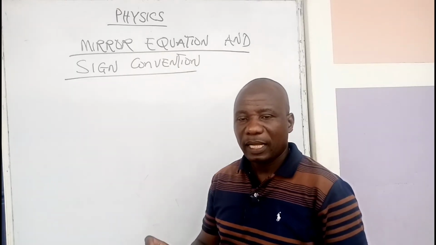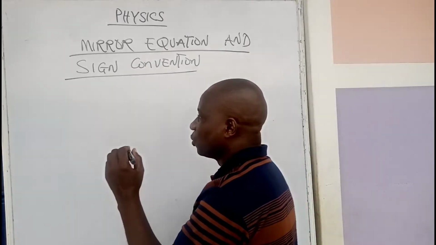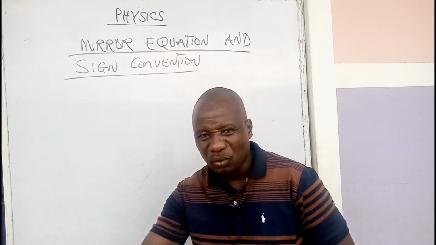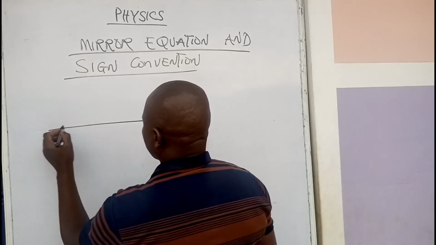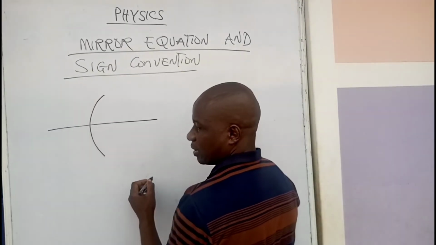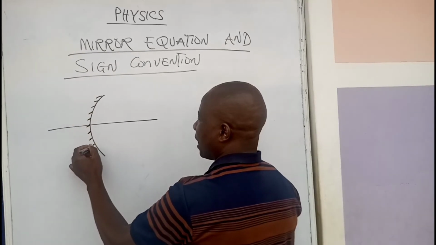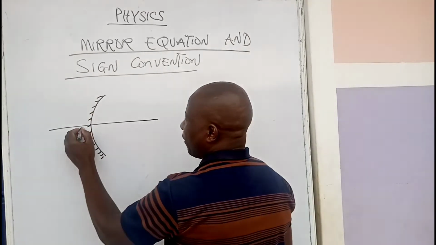Now, let us represent this in a diagram. I know students usually get confused about which one is u, which one is v from the diagram. If I draw it like this, remember, we said this is a concave mirror because the outside is coated. Now we have our pole.